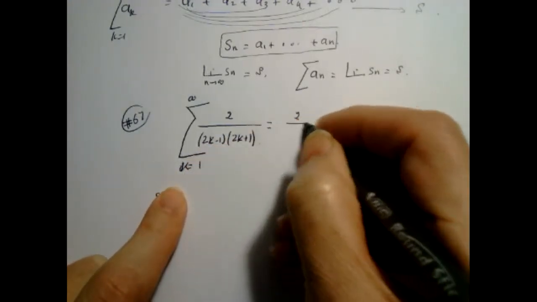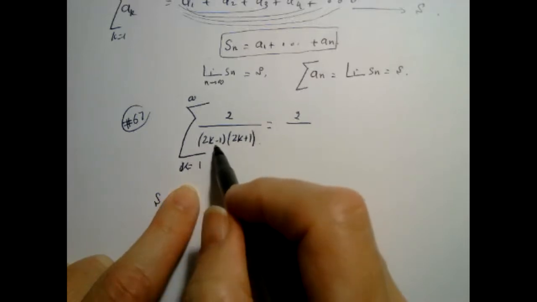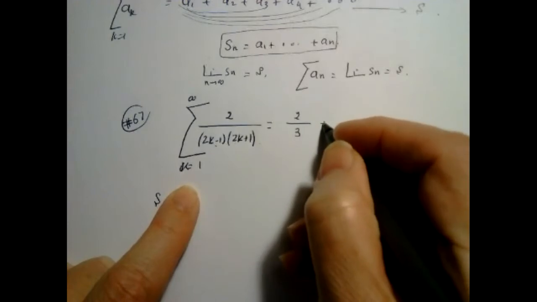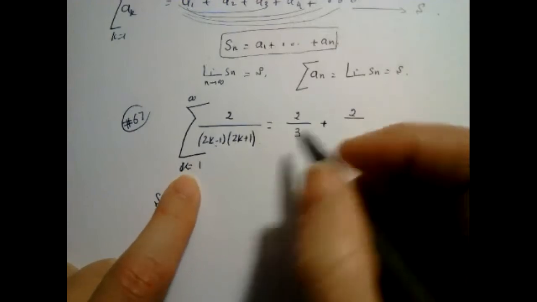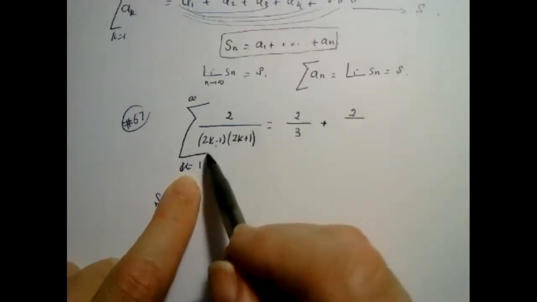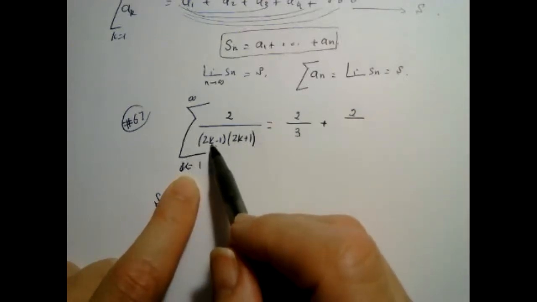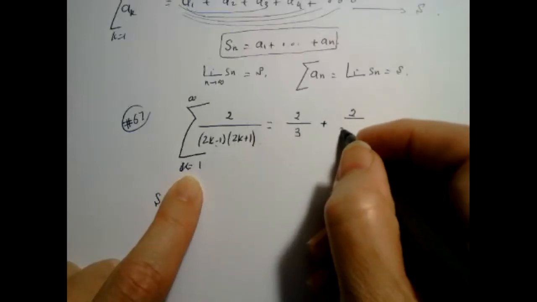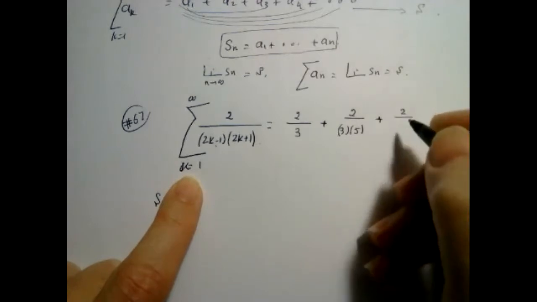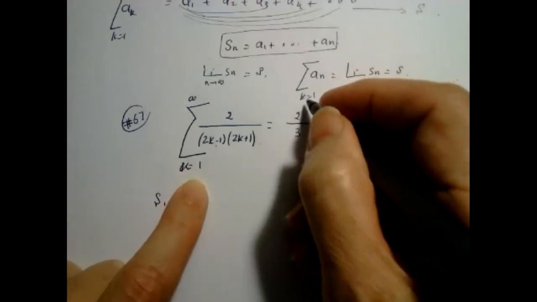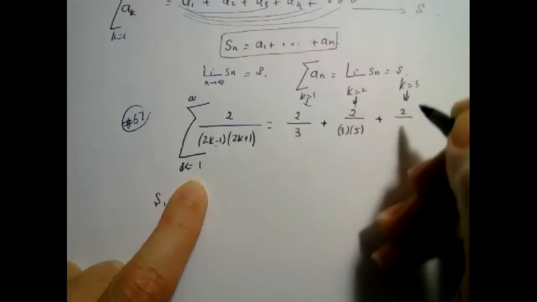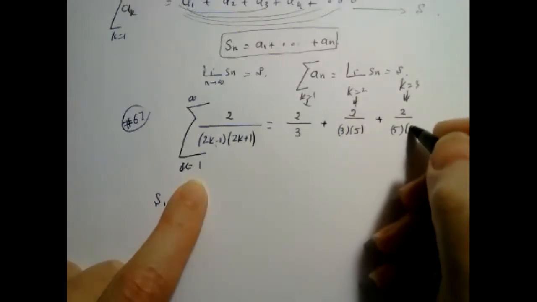Okay, so if k is 1, I will have 2 over 1 times 3, plus 2 over, if k is 2, 3 times 5, plus, if k is 3, 2 over 5 times 7.